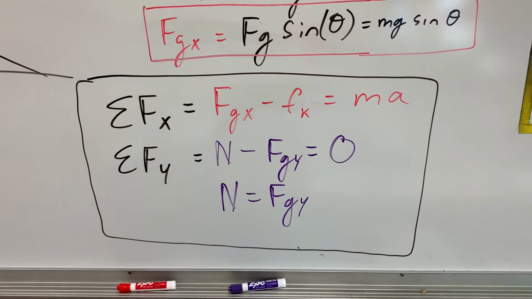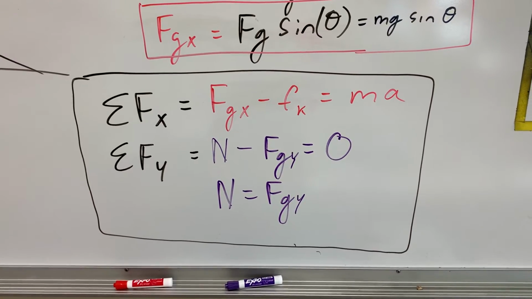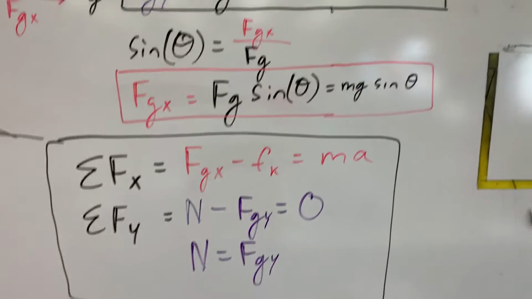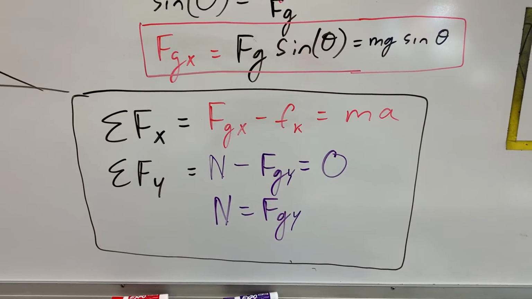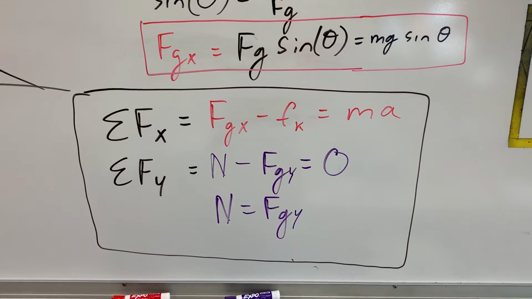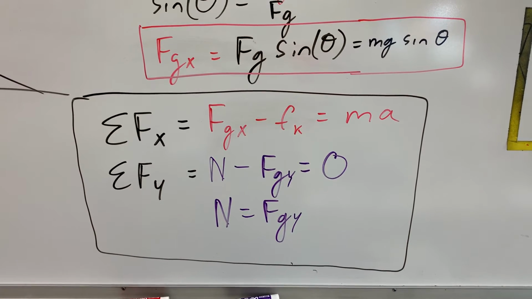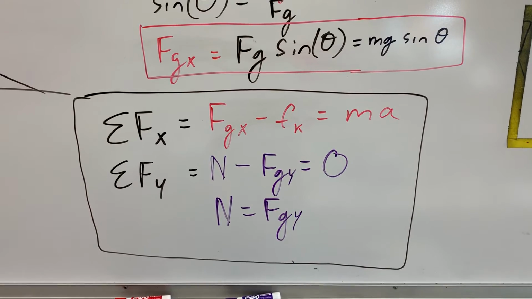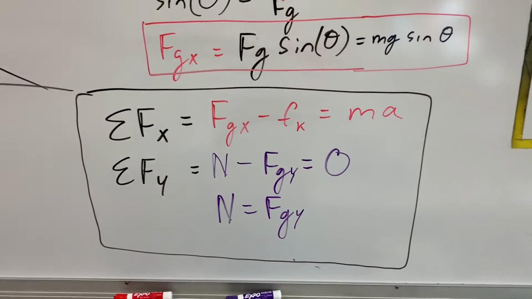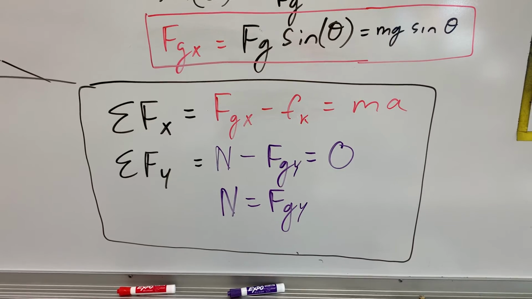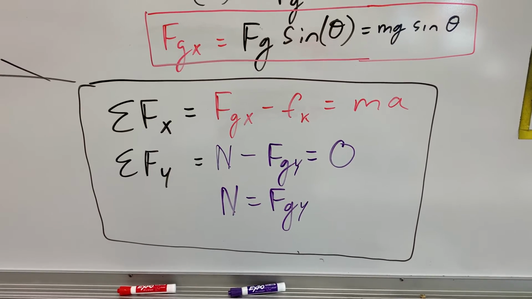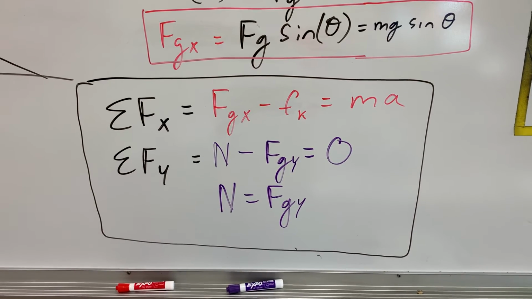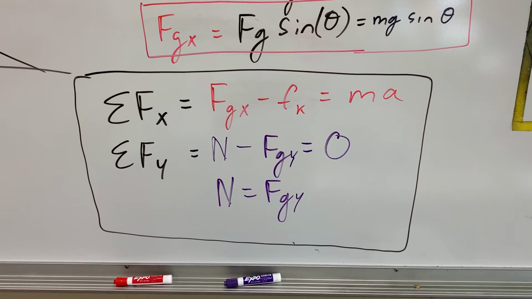Okay, so because of that, my force of gravity in the x, which just so happens to be equal to mg sine theta, you could plug that in, and minus my force of kinetic friction, which we know the equation for kinetic friction is mu k times the normal force, okay, we're going to get an equation for the normal force here soon, is equal to our overall mass times our acceleration. So that is showing how all these component forces in the x sum to mass times acceleration. That has to be true by Newton's second law.